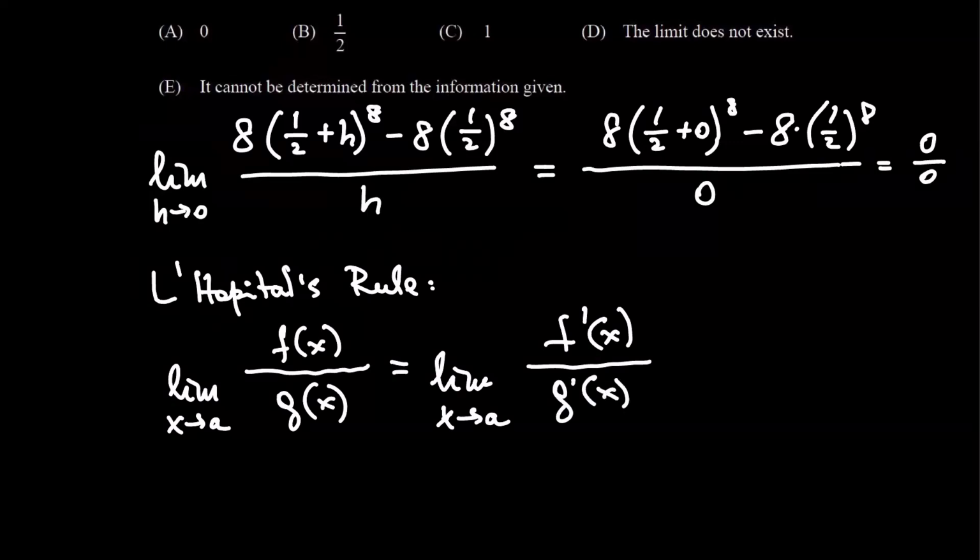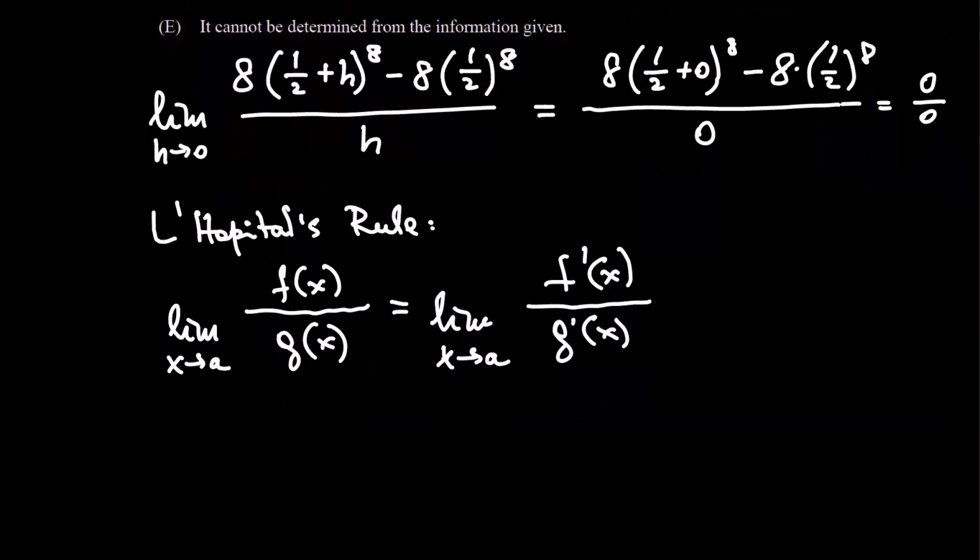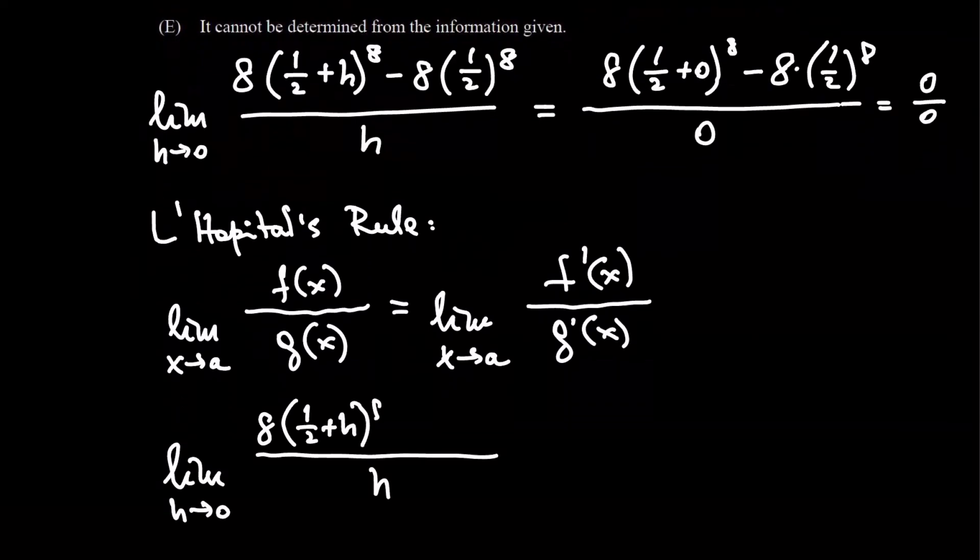And so applying it here in our case gives us that the limit as h goes to 0 of this ratio that we have, (8 (1/2 plus h) to the power 8 minus 8 (1/2) to the 8th power) over h, is equal to the limit as h goes to 0.